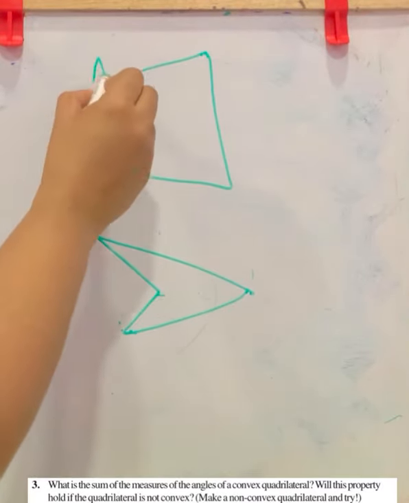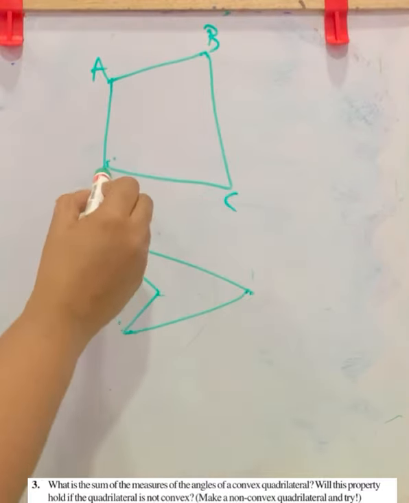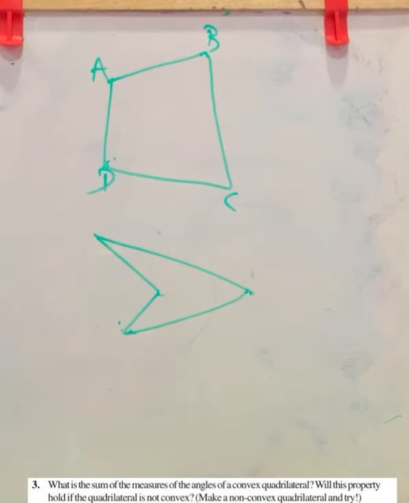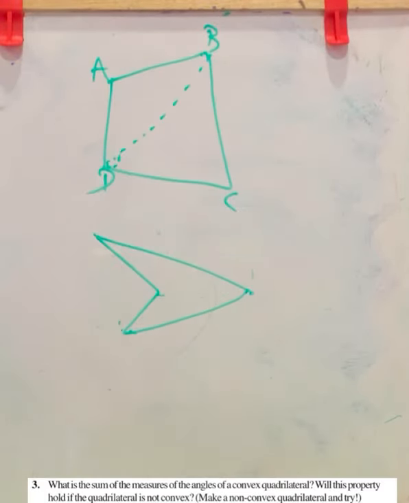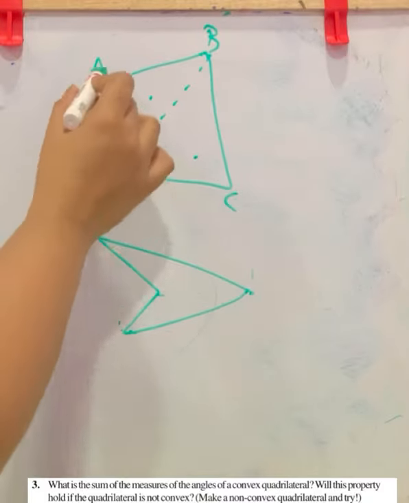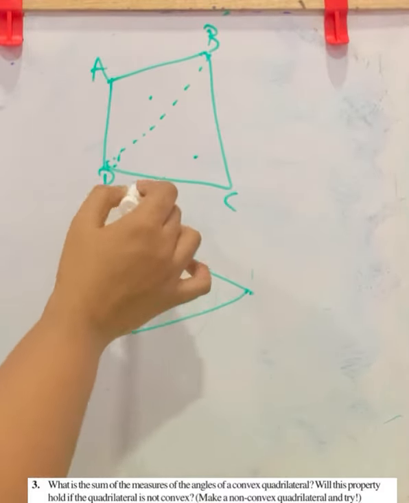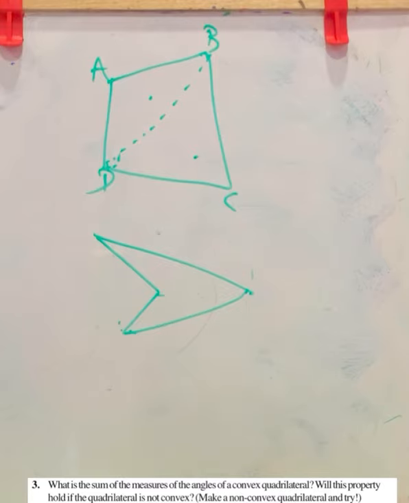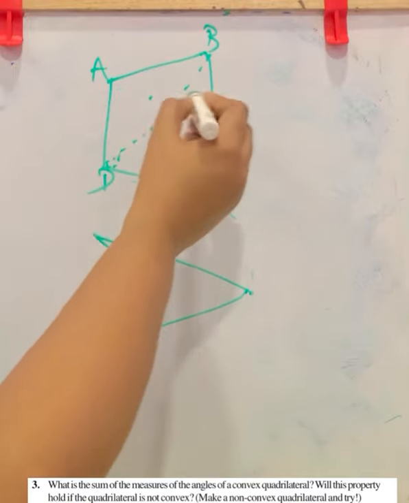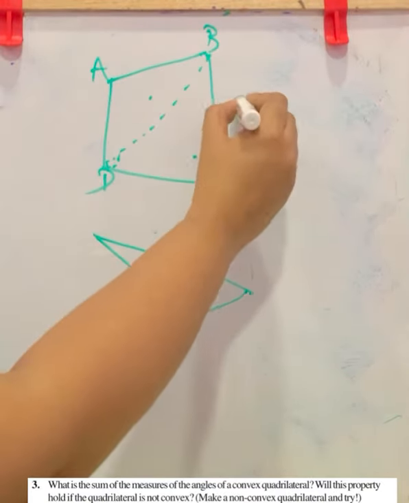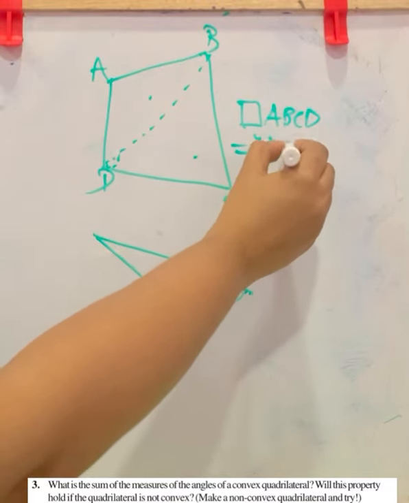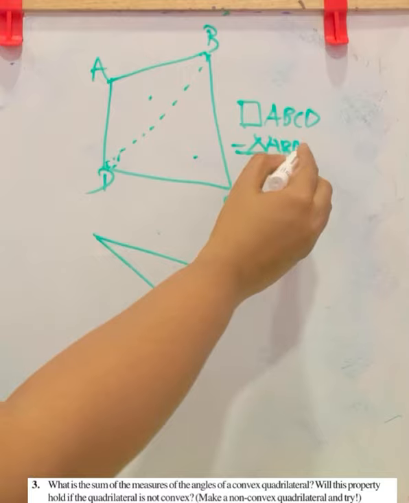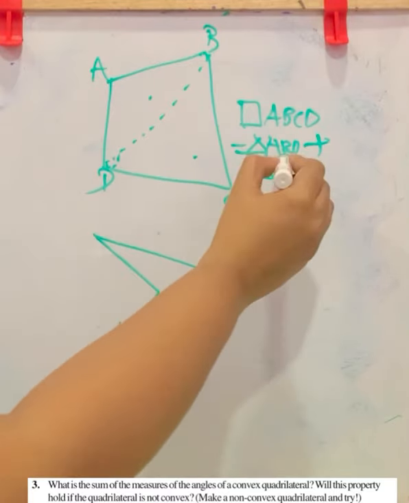First we will name this quadrilateral A, B, C, D in clockwise. Now join a diagonal BD. Now we got two triangles, that is triangle ABD and triangle BCD. We know the angle sum property of a triangle is 180. That is, quadrilateral ABCD is equal to triangle ABD plus triangle BCD.